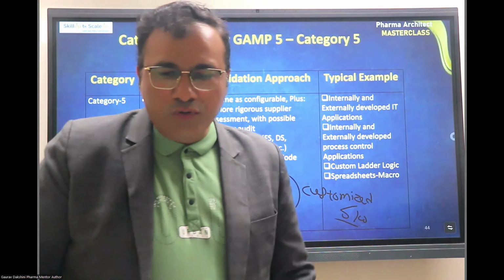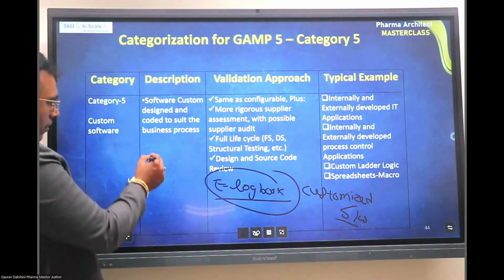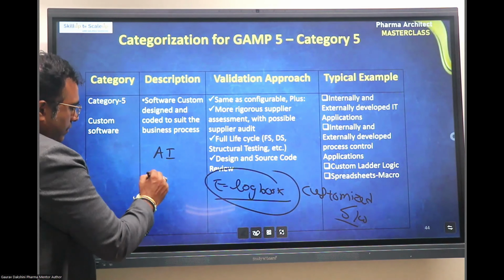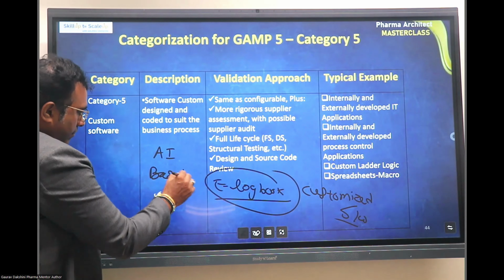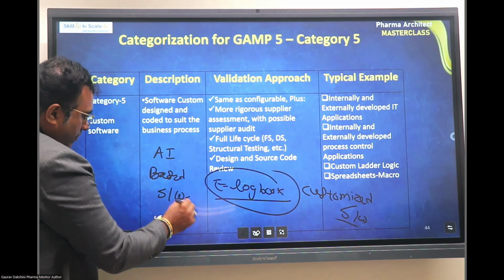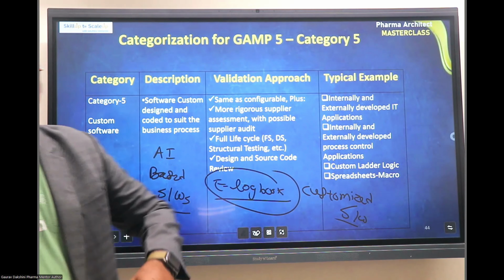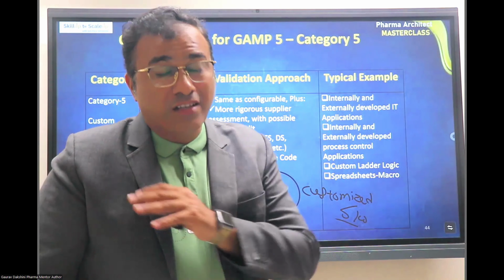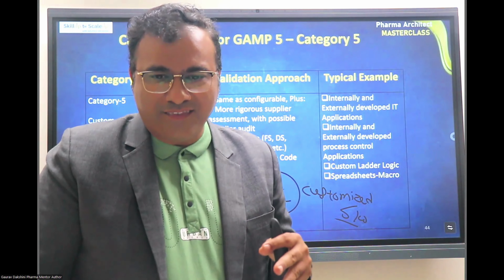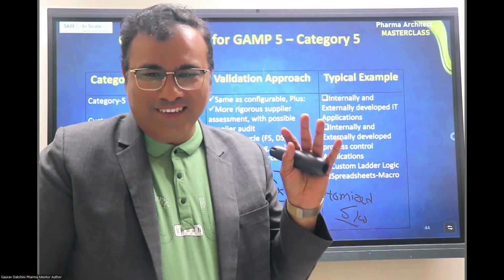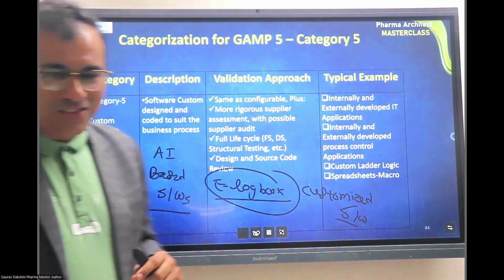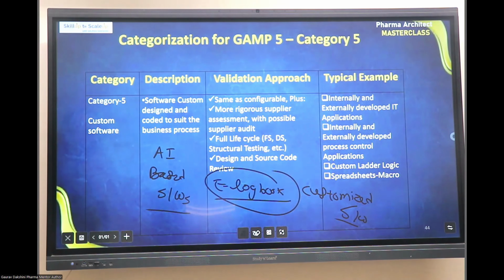Or maybe you are using some kind of AI-based software, which involves some customization that you are doing, which is not your standard design. Yeah, clear everyone? So these kinds of systems are also there.